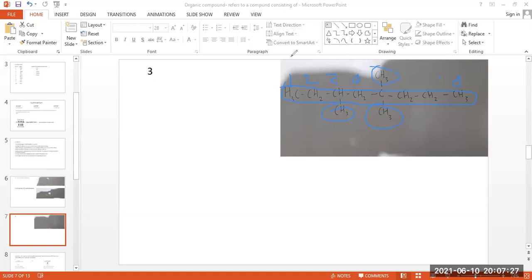Now we name the branches. This one is ethyl, methyl, methyl, methyl. Okay, so this is how to name it.